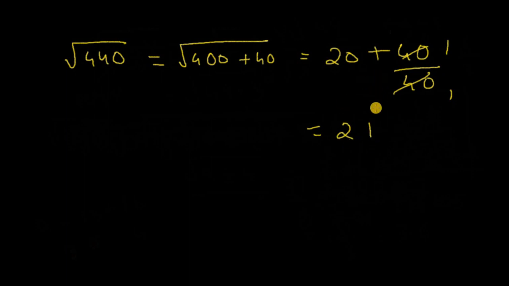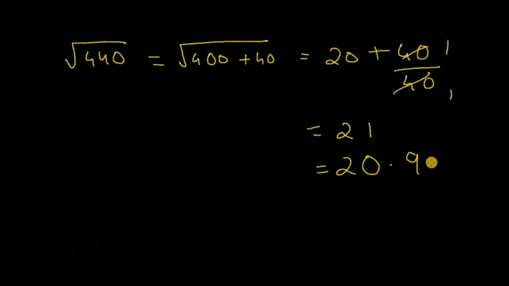Now here you're seeing that we got a perfect whole number, but the number we were dealing with initially was not a perfect square. So what you do in such cases is you subtract 1 from the answer that you got. So 21 minus 1 will be 20, and you just write .9. 20.9 will be your final answer. Now this kind of error occurs because of approximation.